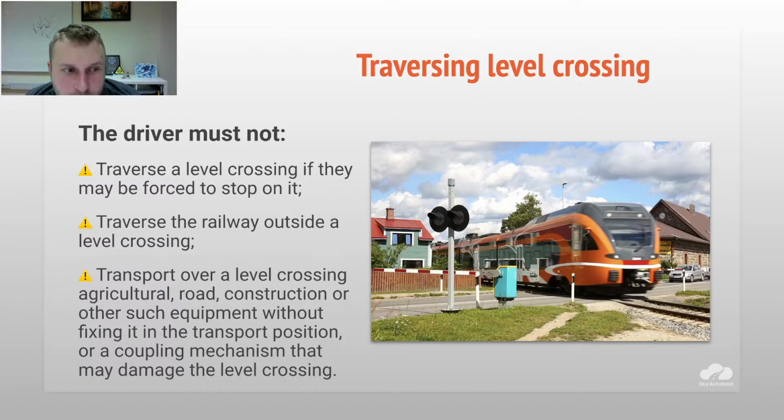Traverse the railway outside a level crossing. So it means you cannot cross the railways somewhere else, in the forest or earth tracks or something. You have to do it in a proper place.